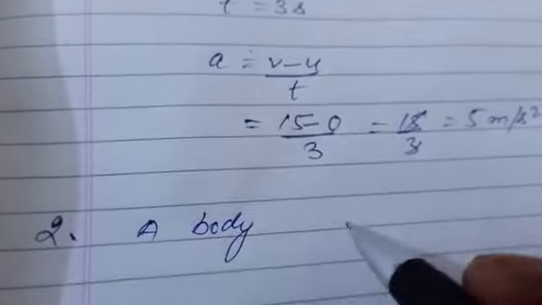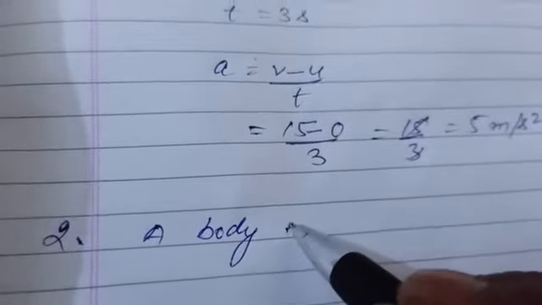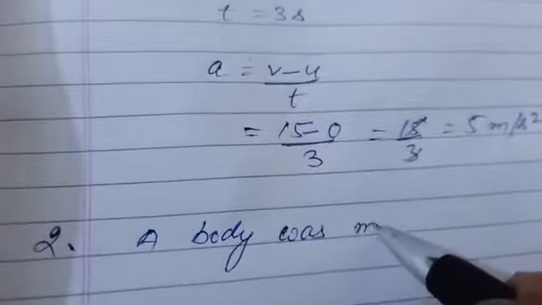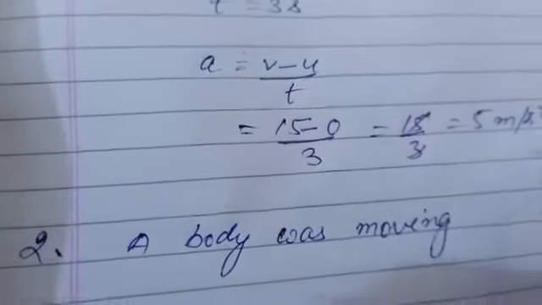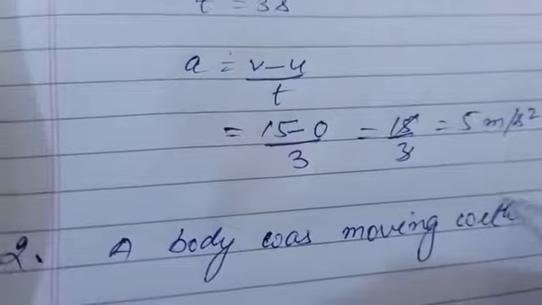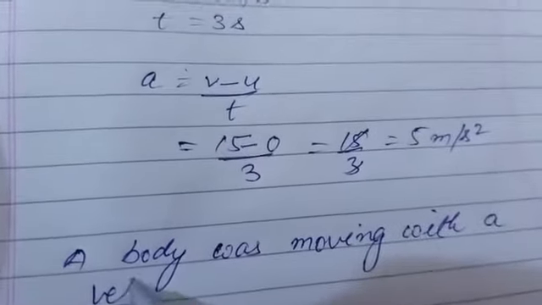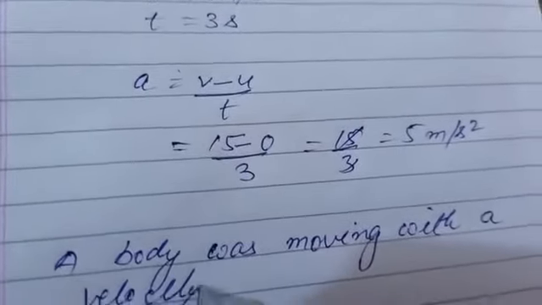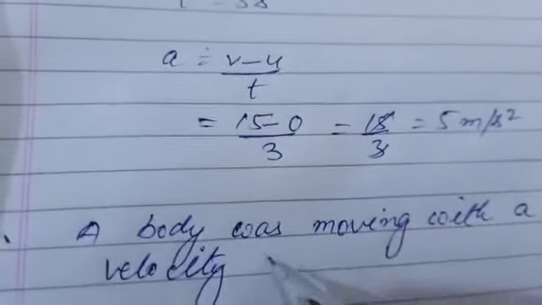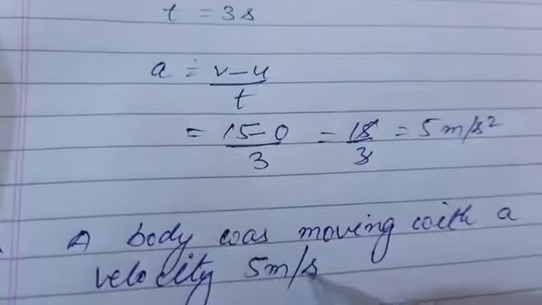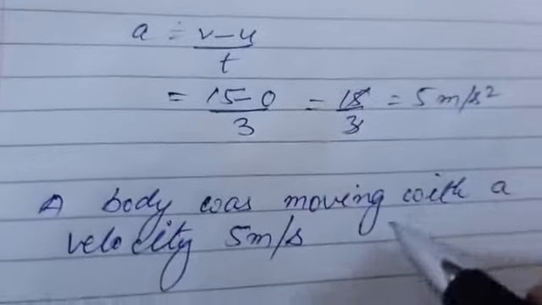Now let us come to the next question. Now the second one. A body was moving with a velocity of 5 meter per second. ठीक है.